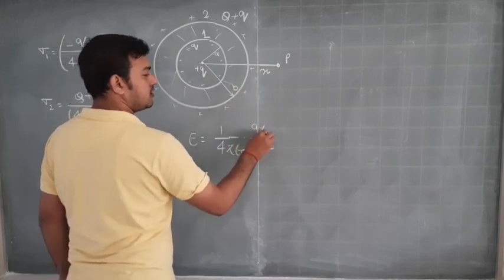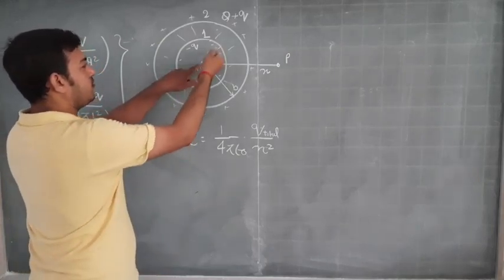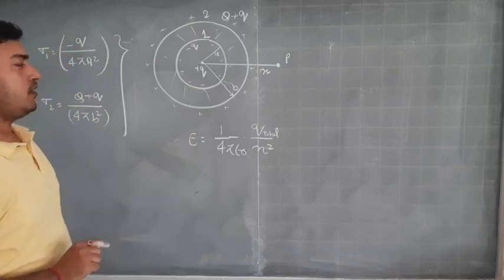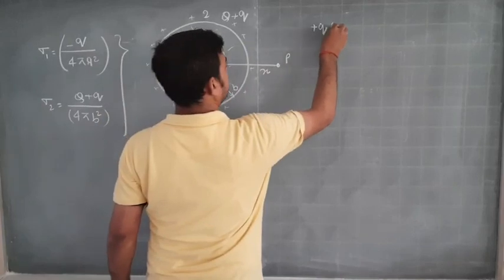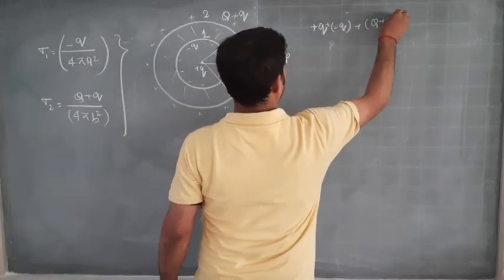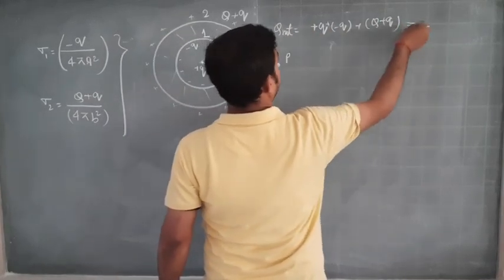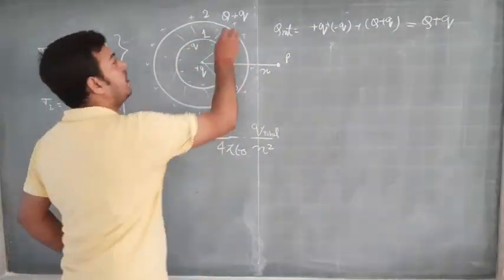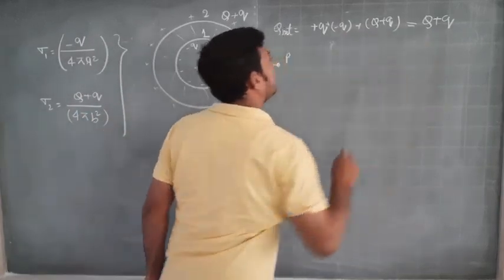Now this charge is the total charge at this point O. So if you place all the charges over here, you get plus q, minus q, plus Q plus q. So my net charge is simply Q plus q, and that was initially Q on the outer surface and this q charge introduced by me.